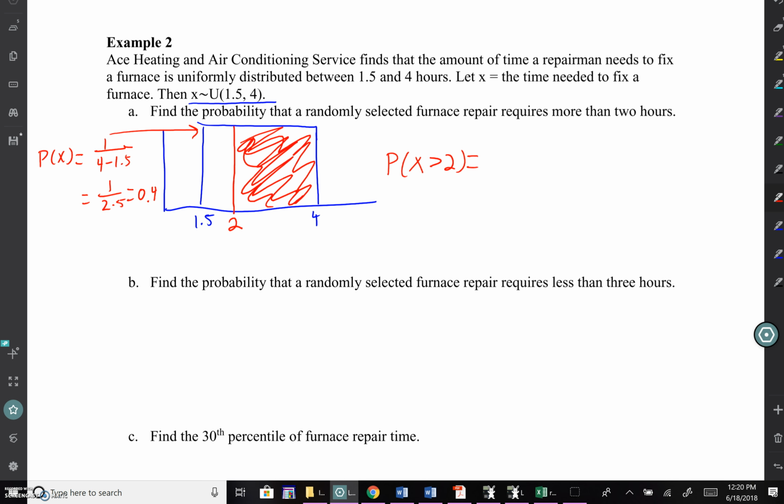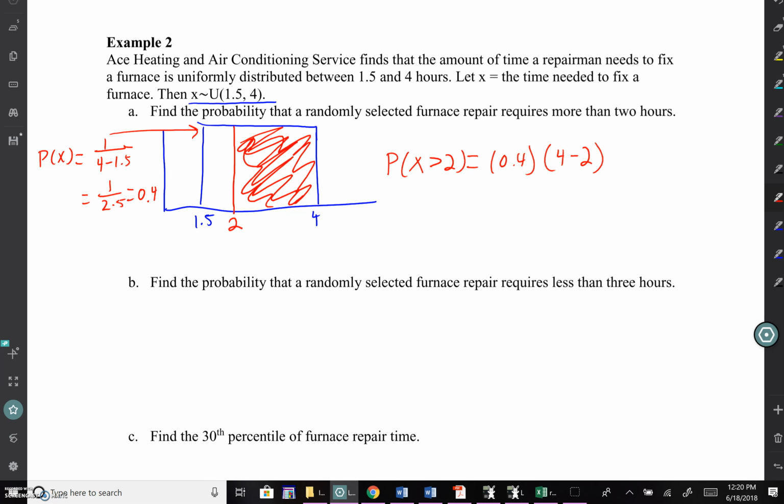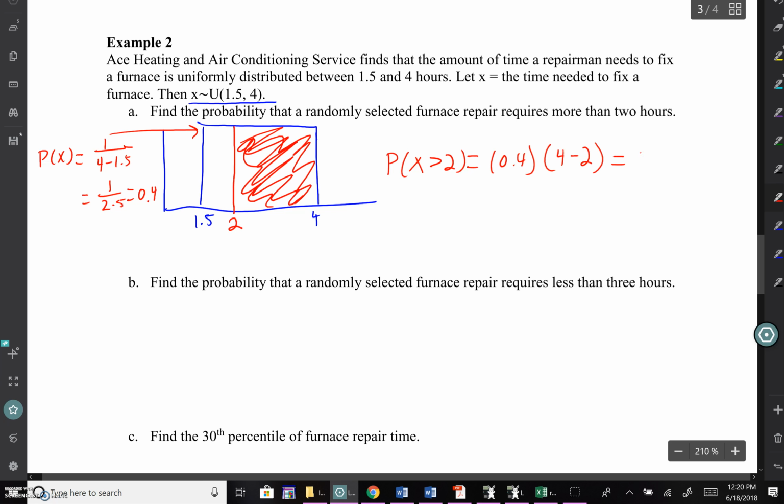So length times width. I've got the width we just found is 0.4. And the length is going to be 4 minus 2, because I'm going to have a max of 4 and I'm going to be down to the 2. So I'll figure out my total distance. So 0.4 times 2 gives me 0.8.